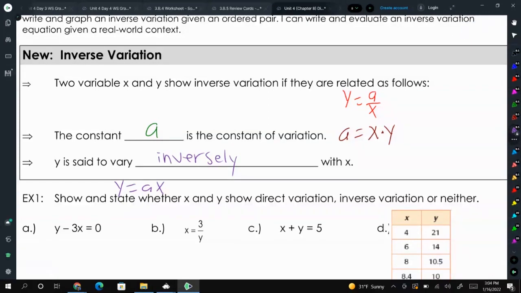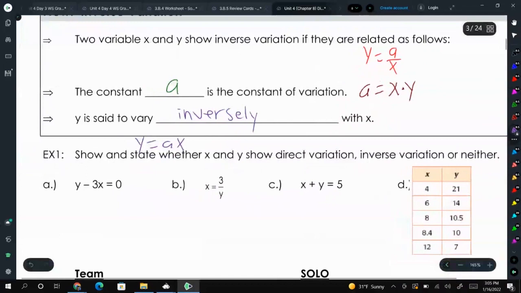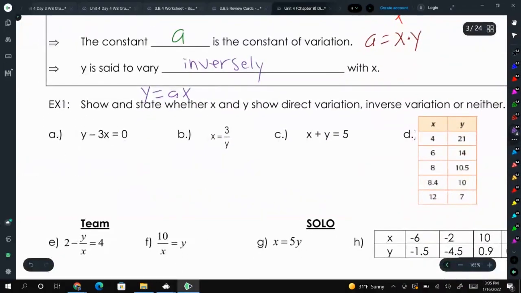So example number 1 is asking us to determine whether these are direct variation, inverse variation, or neither. So we need to get y by itself. For letter A, if we add 3x to both sides, we get y equals 3x. So a is 3, which means this is direct variation. Letter B, we need to get y by itself, so we multiply both sides by y.